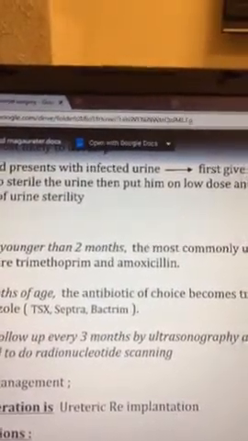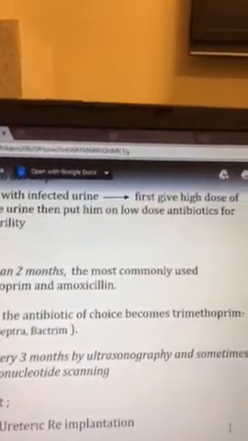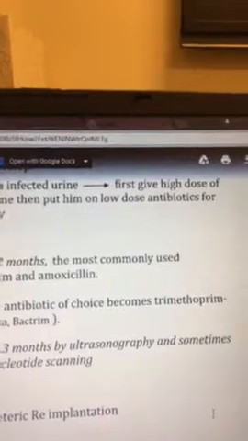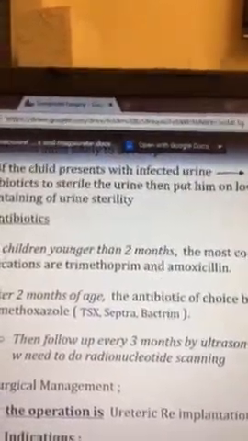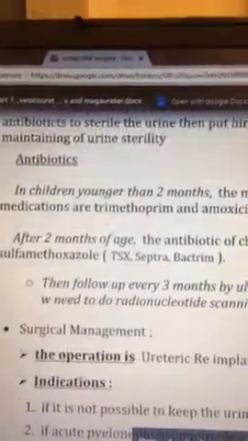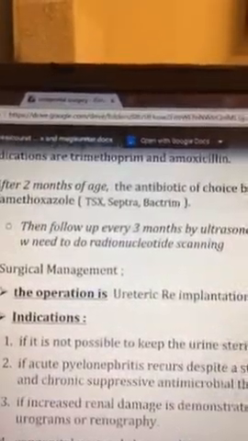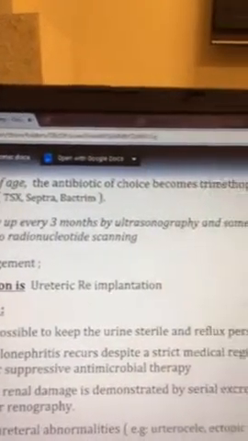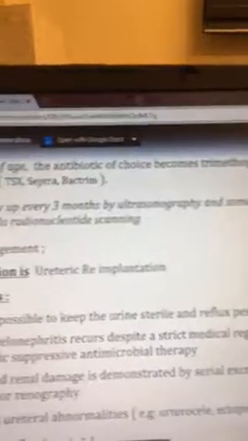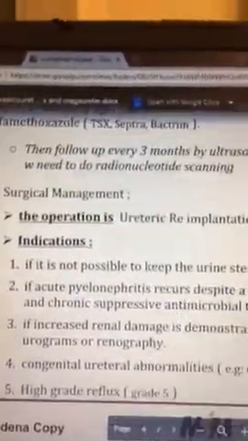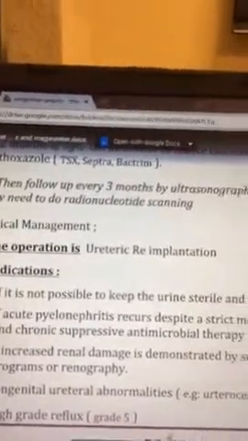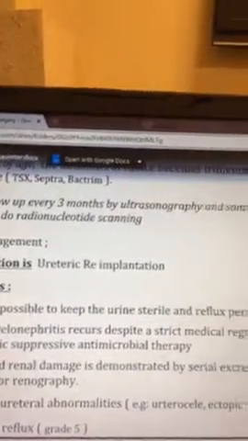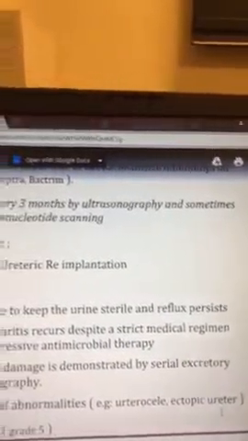Then follow up every 3 months by ultrasonography, and sometimes we need to do radionuclide scanning. The surgical option for management is ureteric reimplantation. The indications for that option are when it is not possible to keep the urine sterile and reflux persists.